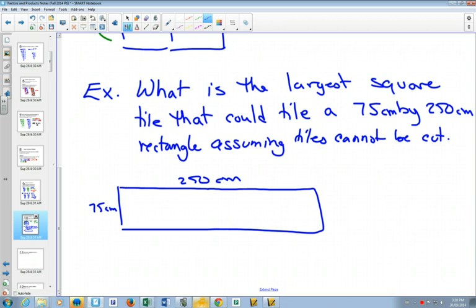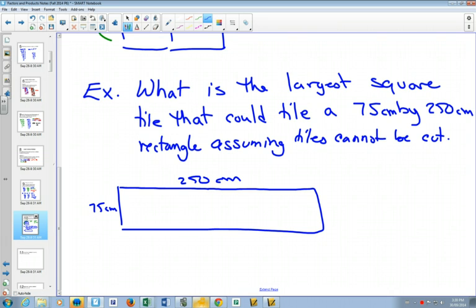They would work, but they might not be the largest ones. Can you see that 2 centimeter squares will work along the 250, but won't work along the 75? 5s will work, right? You could go by 5s along the 250 and 5s along the 75. Now, is that the largest one?